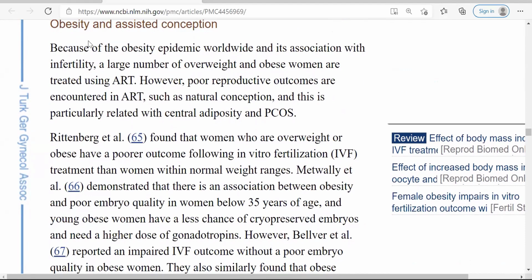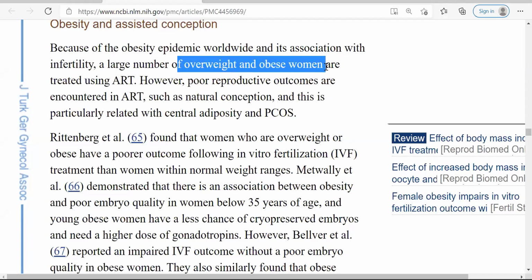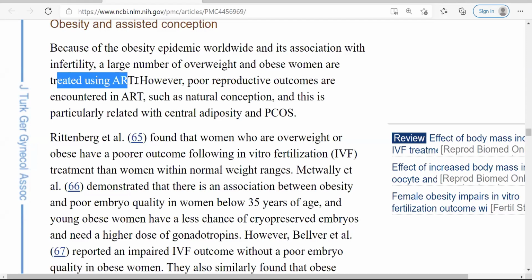Now, this is quite important because for these women, assisted pregnancy was a good way, right? But for her, we cannot use that. Why? Because of the obesity epidemic worldwide and its association with infertility, a large number of overweight and obese women are treated using assisted reproduction techniques.